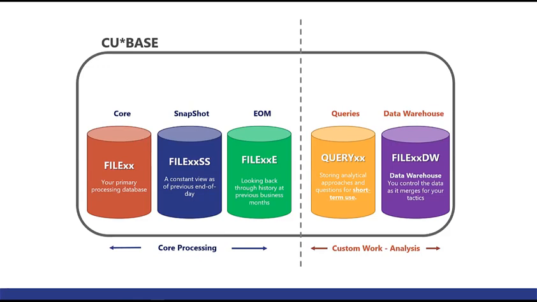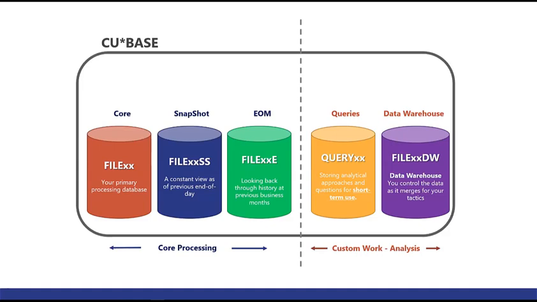You're paying certain fees, and in general, processing fees for various functions and purposes of having CU Base in the first place. But the 4 to the left are included in all of that. The data warehouse is a paid-for space, so you need to purchase it from us. There's a cost involved. We'll talk numbers in a second.